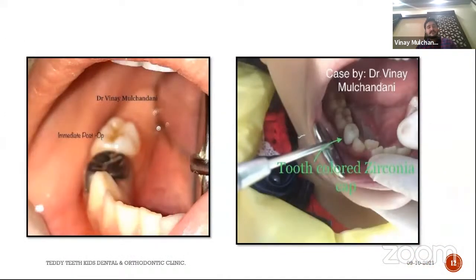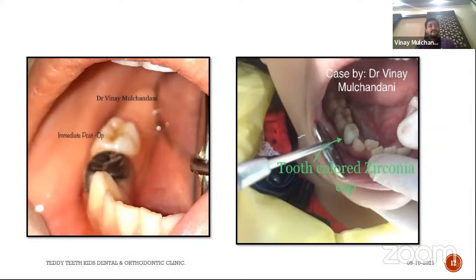The next change in practice has been from the use of metal caps to white aesthetic caps. Earlier, white caps were only available for adult patients, but now this is available for pediatric patients. And the advantage here again is that it is more acceptable for the tissues. The gingival tissues adapt better to them.